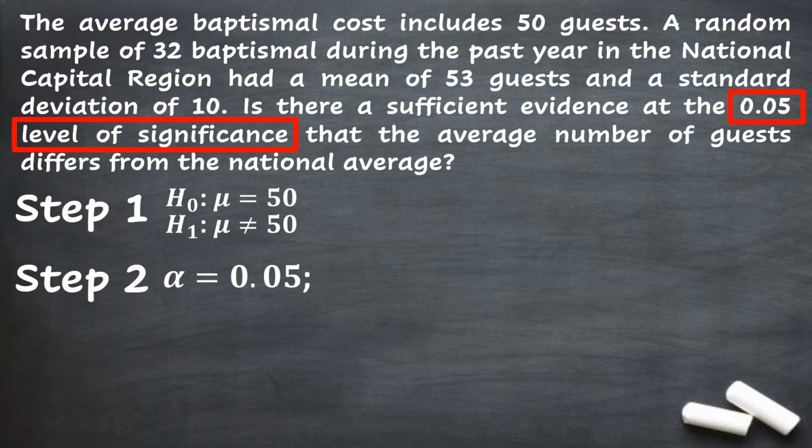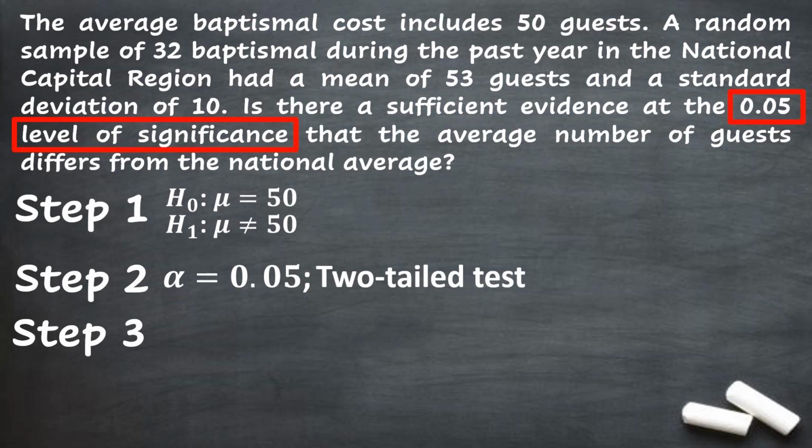So meaning to say this problem is under two-tailed test since we use the not equal symbol. Next, step 3 is to identify what statistical test are we going to use. Since the sample in this given problem is 32, then the statistical test we will use for this one is one sample z-test.